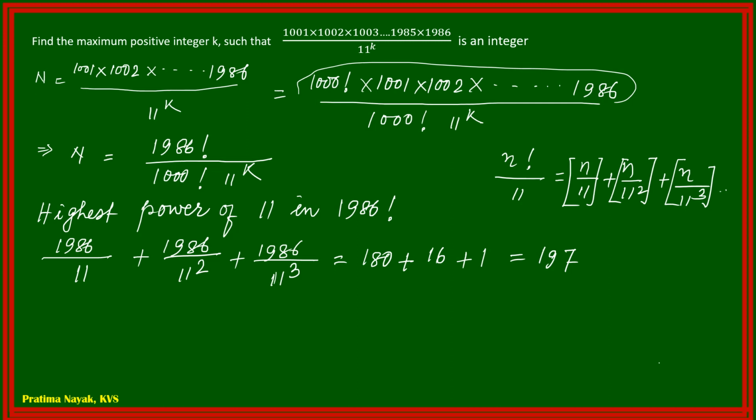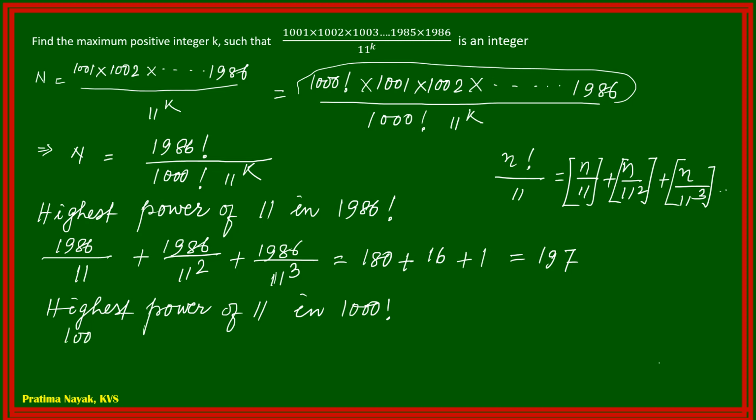And what about the denominator? The denominator is 1000 factorial, so that should be subtracted. So next I'll find the highest power of 11 in 1000 factorial. The same concept I'll apply.